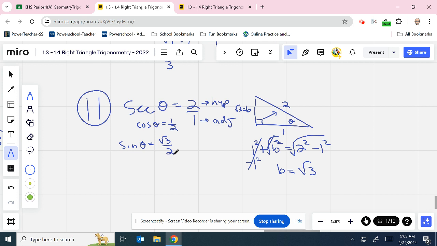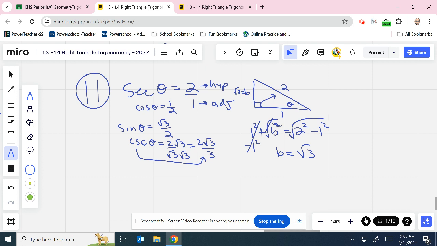That means cosecant of theta is going to be 2 over radical 3, but that can't stay, so we got to multiply radical 3 on top and bottom. 2 radical 3 over 3 is our answer for that one. That was where we fixed cosecant. Cosecant cannot have a radical 3 at the bottom, so we had to fix that. But the sine was fine, radical 3 over 2.